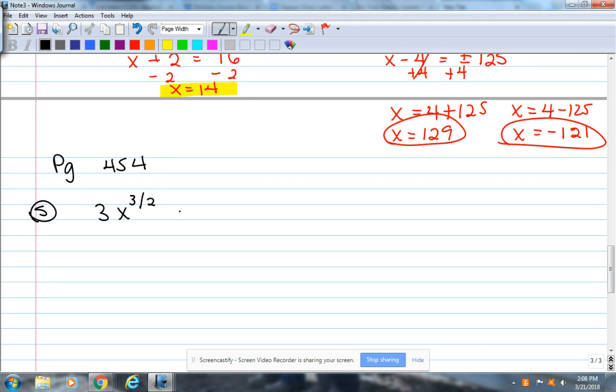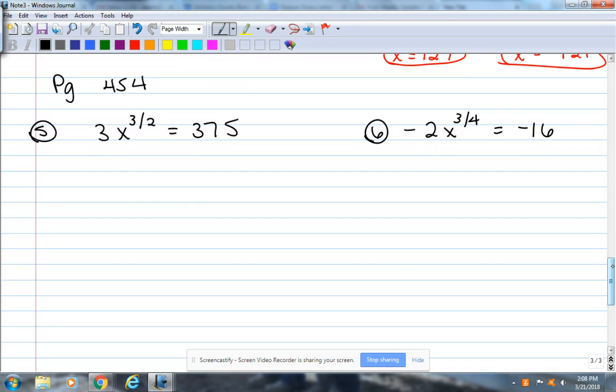Number 5 is 3x to the 3 over 2 equals 375. Number 6 says negative 2 x to the 3/4 equals negative 16. Number 8 says parentheses x plus 3 to the 5 over 2.